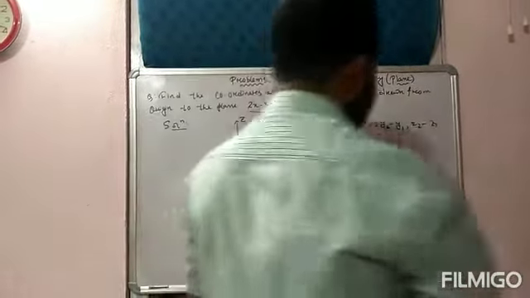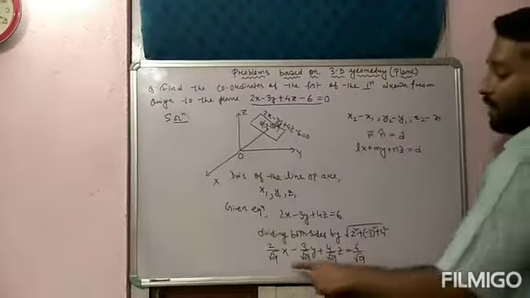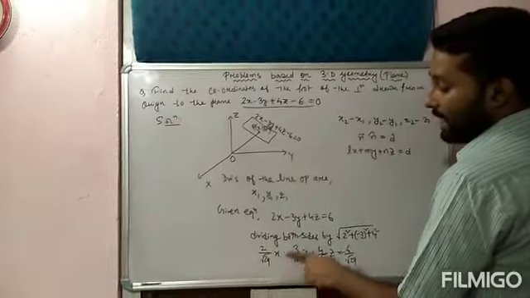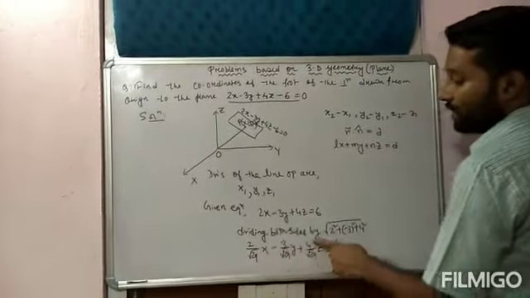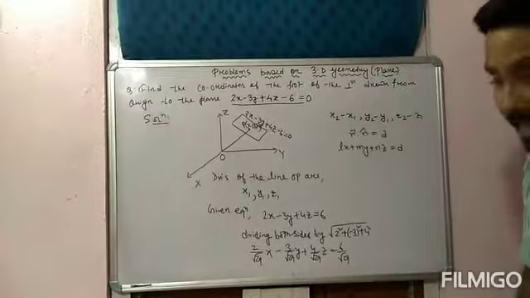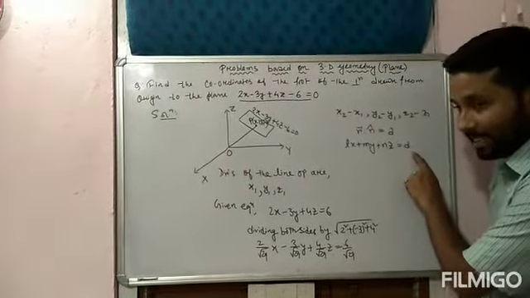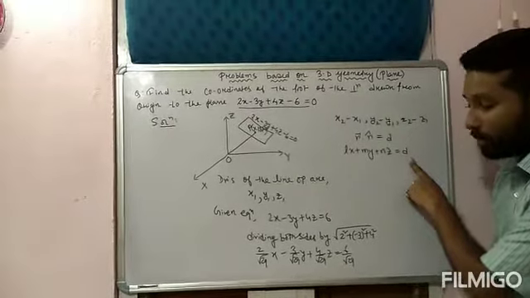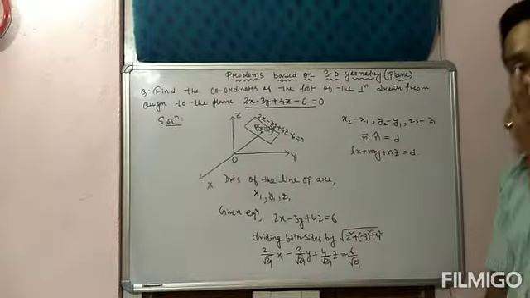Now we can say that the values of L, M, N are 2 by root 29, minus 3 by root 29 and 4 by root 29, whereas the value of D, the perpendicular distance from the origin, is 6 by root 29. ठीक है?